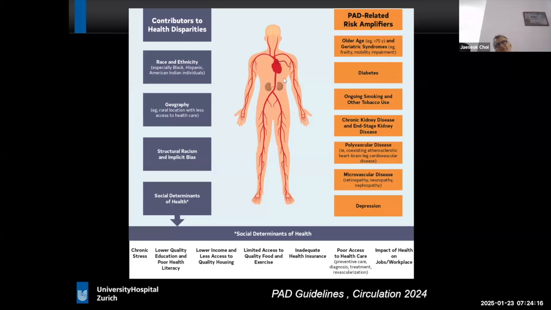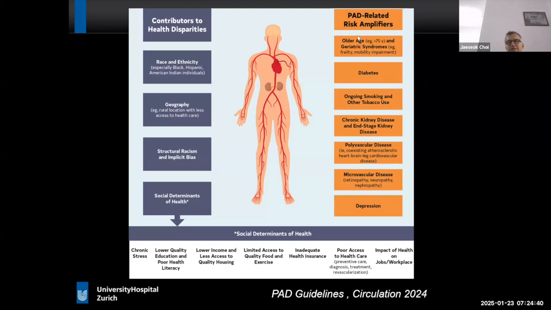So if we look at the risk factors for peripheral arterial disease, at least in our society, older age becomes quite important. We have many patients now who are in their 80s and have no actual cardiovascular risk factors. They never smoked, they have no diabetes. Some of them will be hypertensive, obviously.